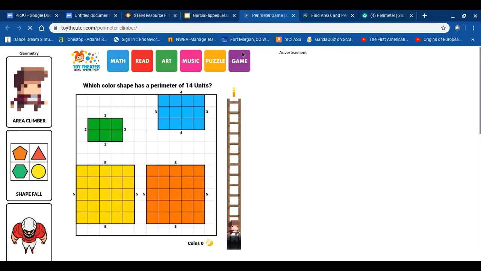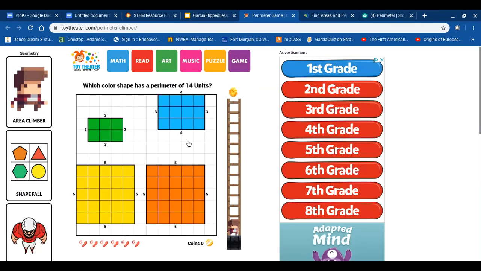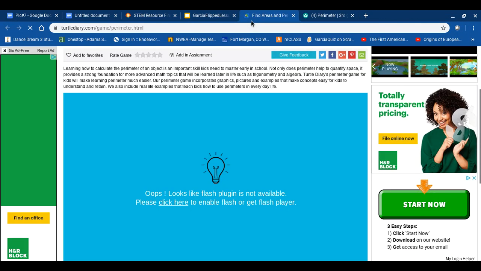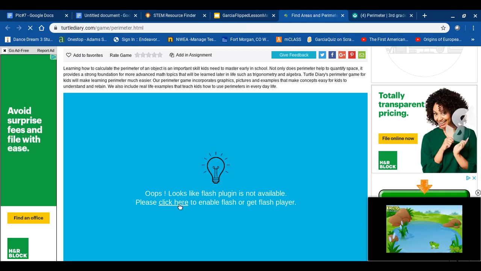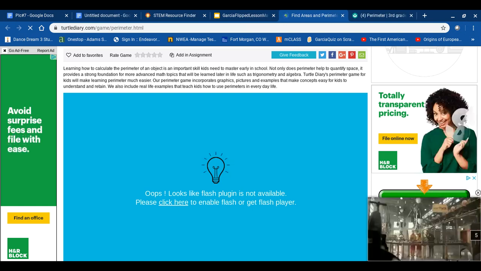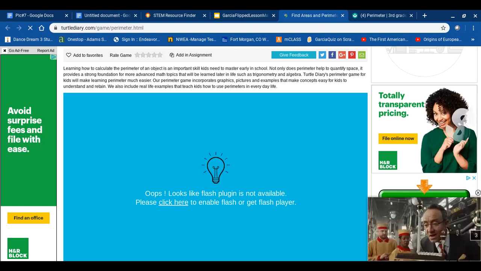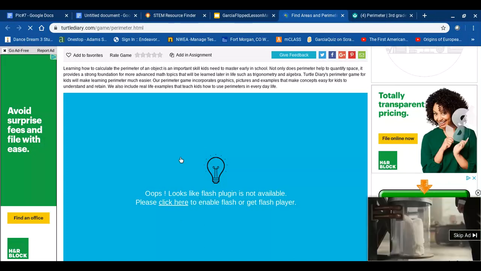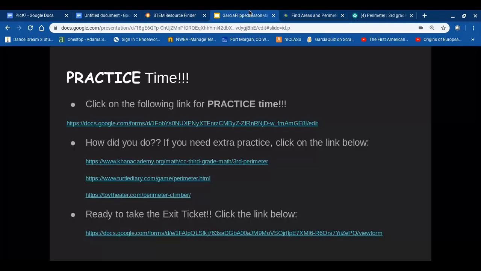For this one, it's a perimeter game, and it's just a cool game. I believe you get coins. Looks entertaining. And it's just another way for you to practice. I am trying to get to this one here, but it's technology working at its best. It's a turtle game, and I know it has 4 lessons. Okay. All right, so this is all I have.